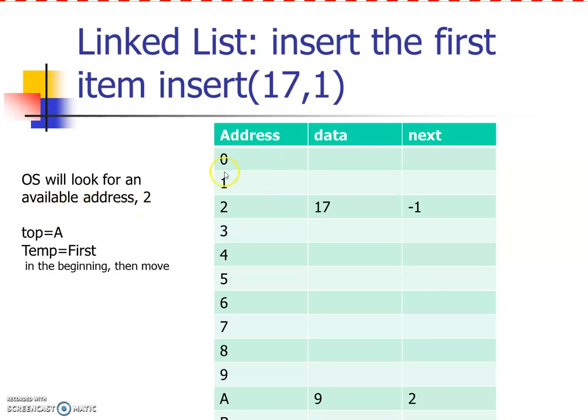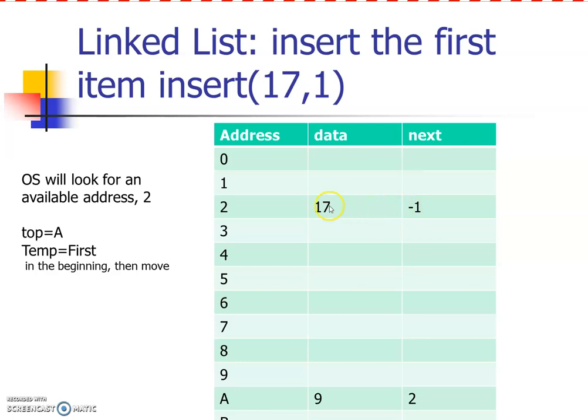Again, the operating system will go into the memory and try to find an available space. It is possible it looks at the A location, but the operating system will realize this is not available, so it will randomly choose another location. In this example, it randomly chooses location 2, which is available.